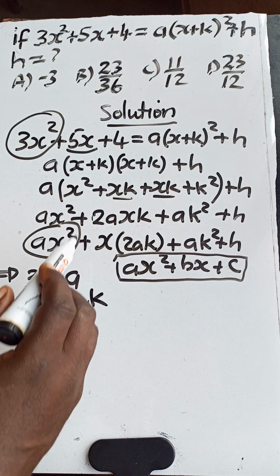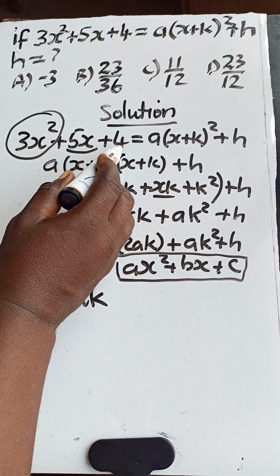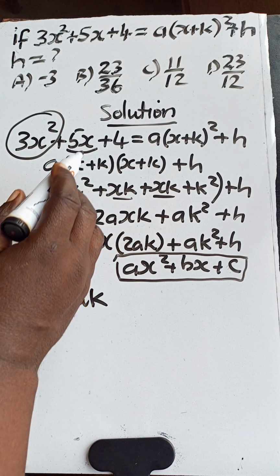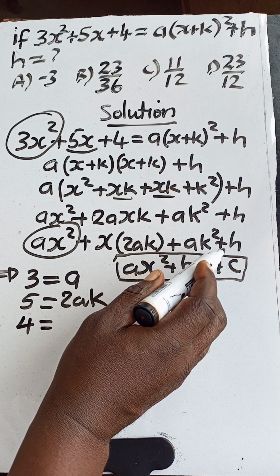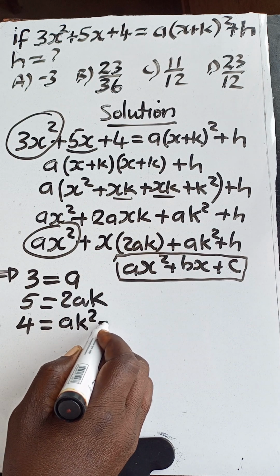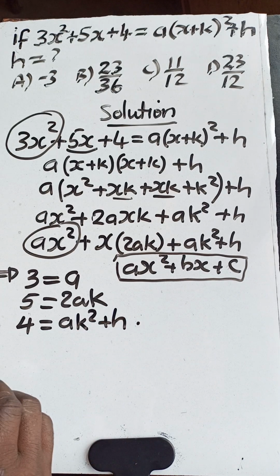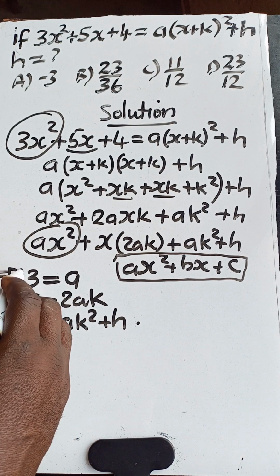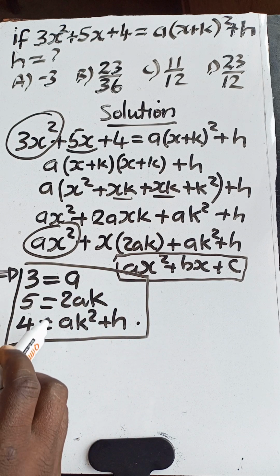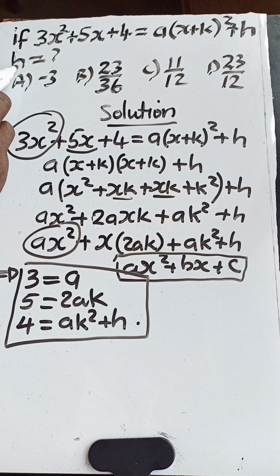Now we go to the last. The constant term on the left-hand side is 4, and it should be equal to the constant on the right-hand side, which is ak squared plus h.